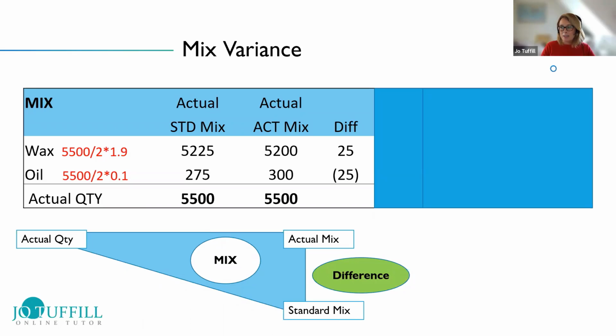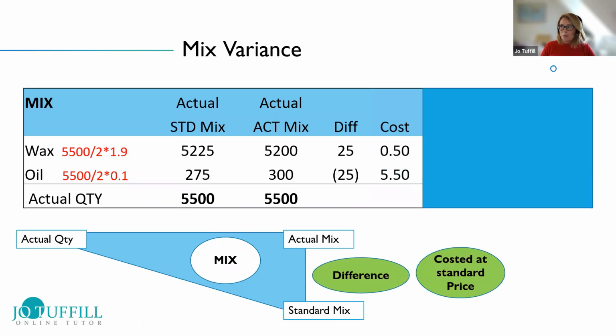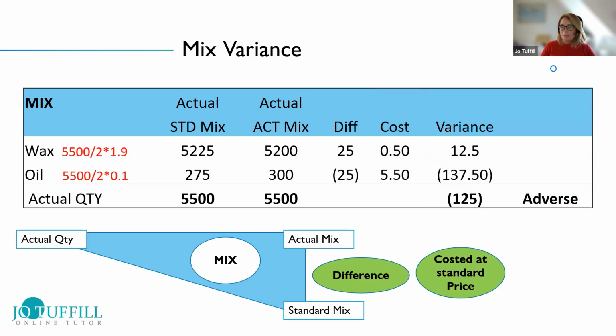And so it should add to 0. You're costing that up at the standard cost price for wax and oil, and then you find the mix variance. Now, the mix variance is therefore adverse. That's a more expensive mix because it's adverse.